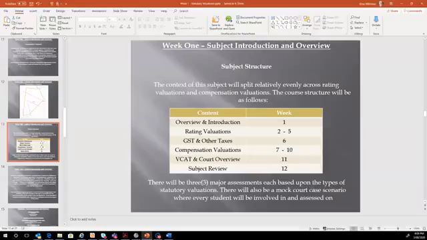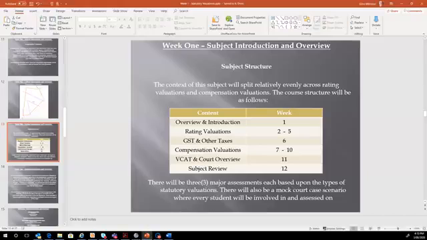So just as an overview, how is this subject going to run for the next few months? As I said, this week's class is an overview and an introduction. Weeks 2 to 5 will be made up of rating valuations. We'll be looking specifically at how we achieve a valuation for rating purposes.